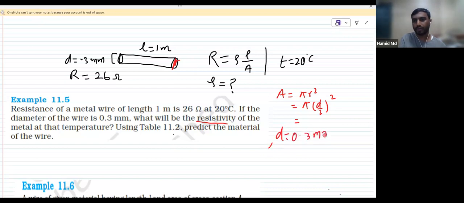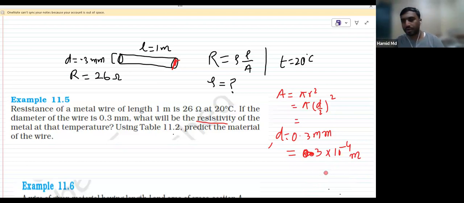So it will be 3 into 10 to the power minus 4 meter. So it is now converted into the meter.